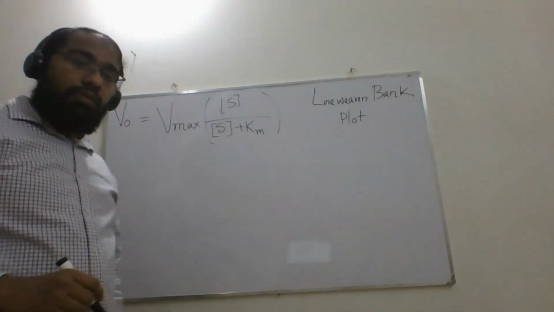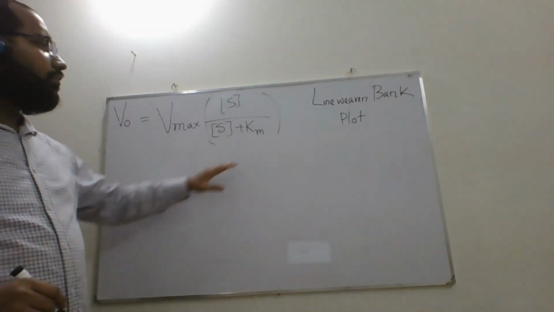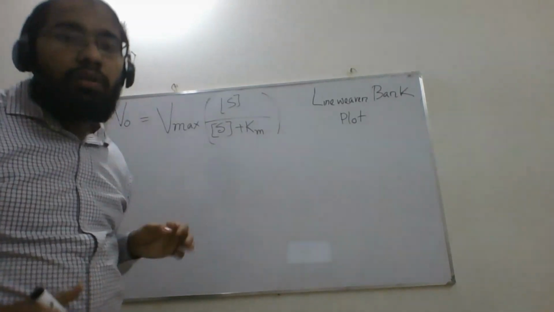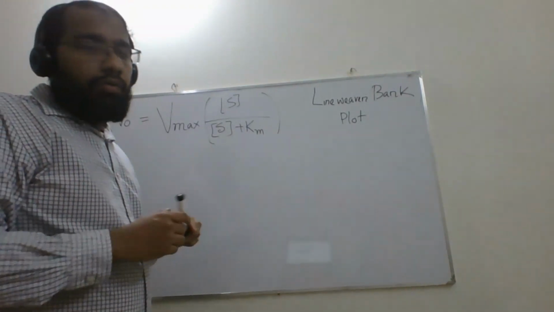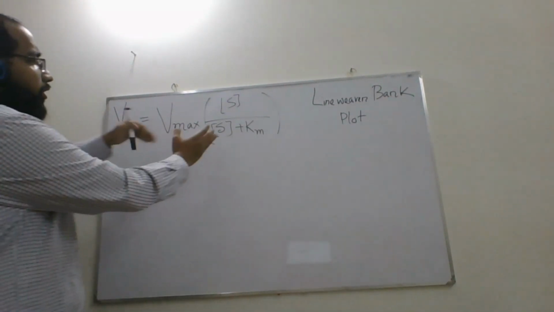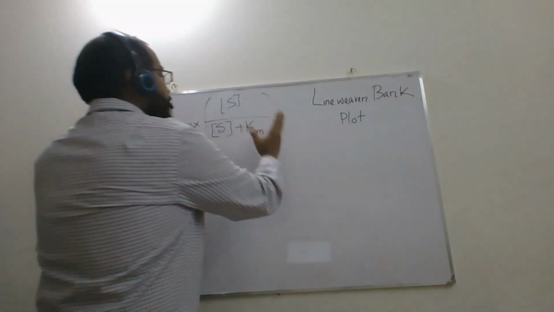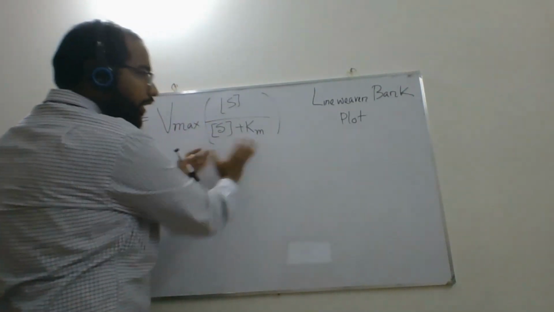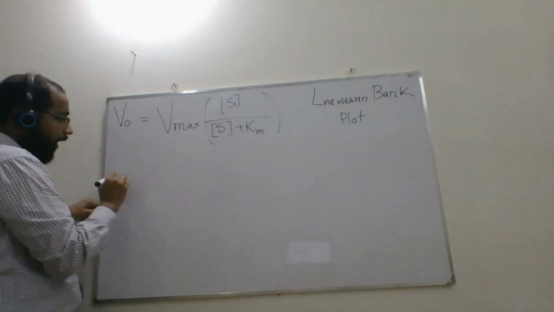Now we need to make it linear. For linearization, first of all we send this part to this side and this side to this side, just exchanging both sides.